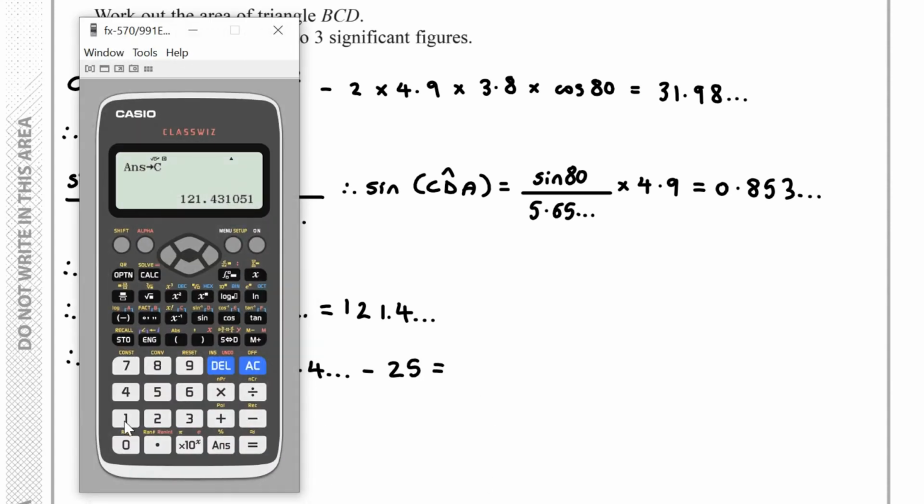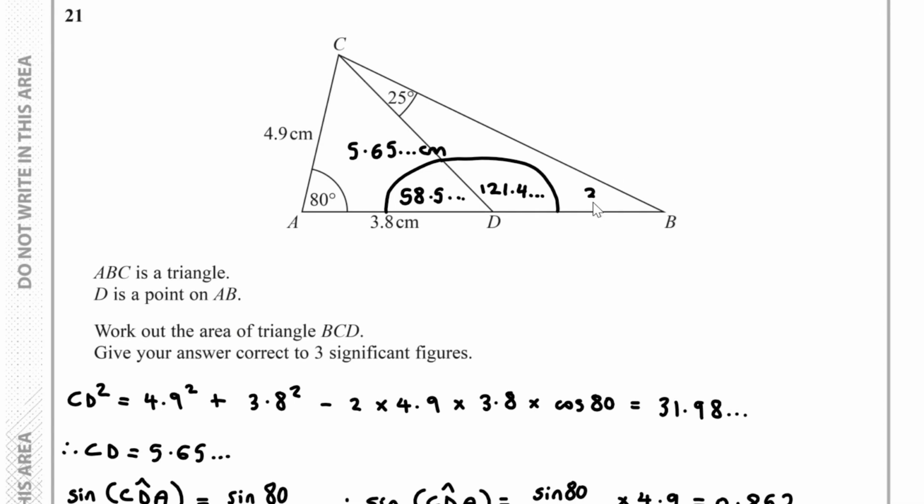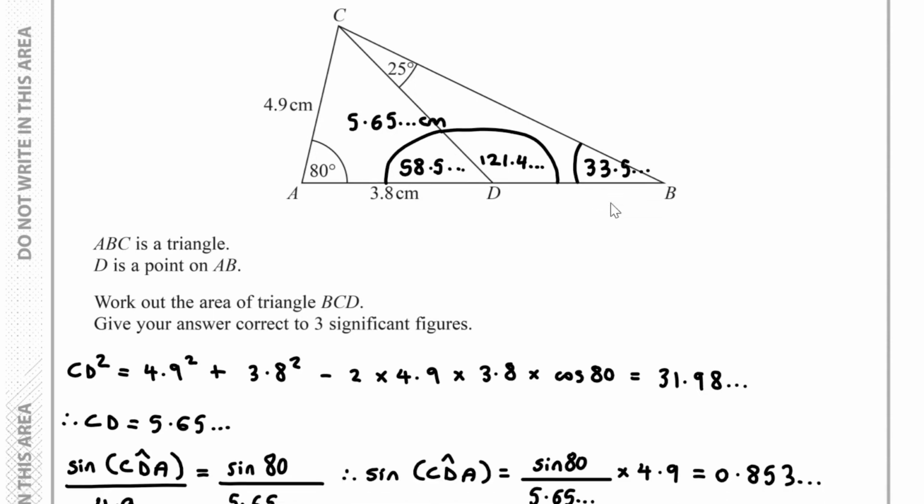So 180 minus this minus 25, I get 33.5, etc. for this angle here. So now we need to work out what CB is, and we can do that using the sine rule. We have a length and an angle opposite it, and here we've got a length and an angle opposite it.